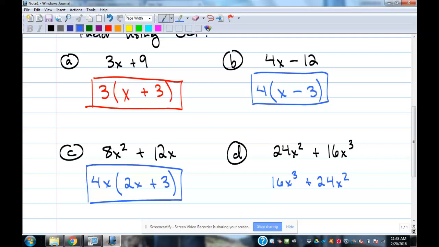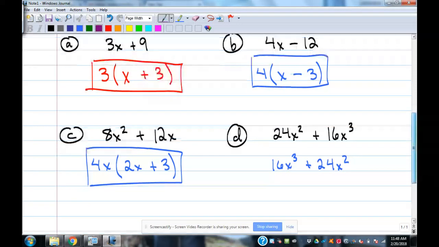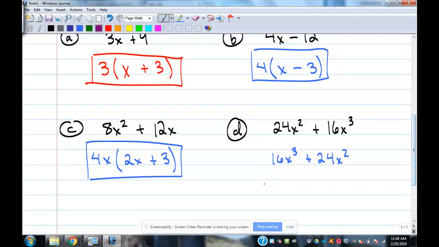Now, 16x cubed and 24x squared, what do they have in common? 8 goes into 16, 8 goes into 24. 8's the biggest number that goes into both of them. How many x's are here? 3. How many are here? 2. So they could share how many? 2. There's only 2 that could pair up, right?